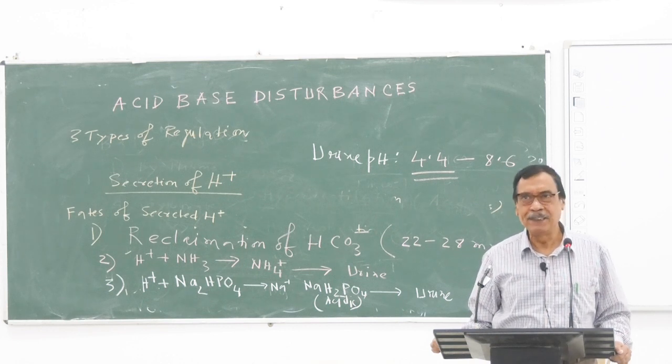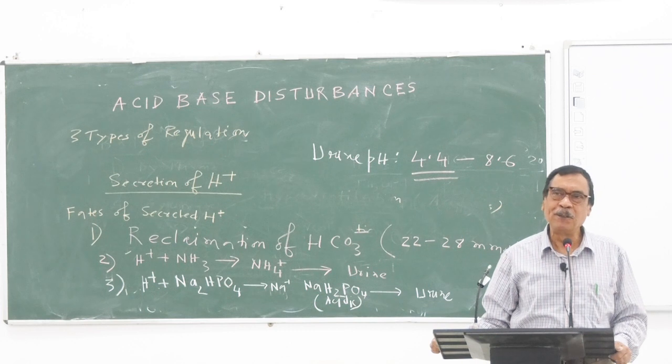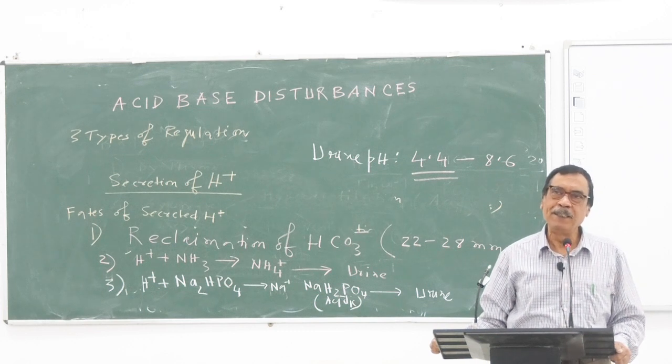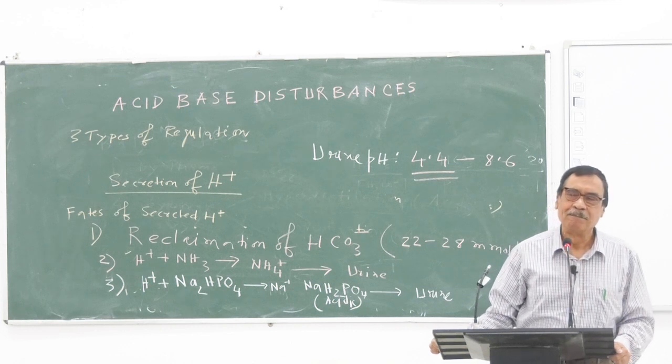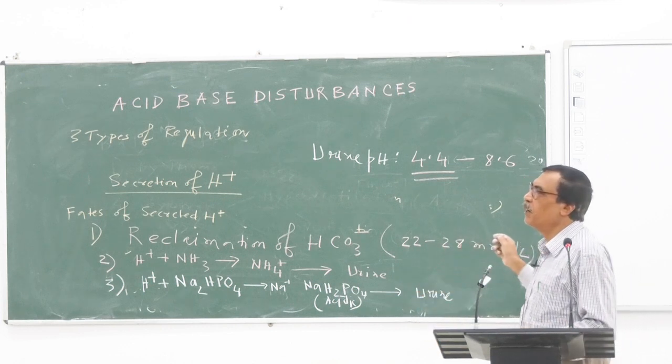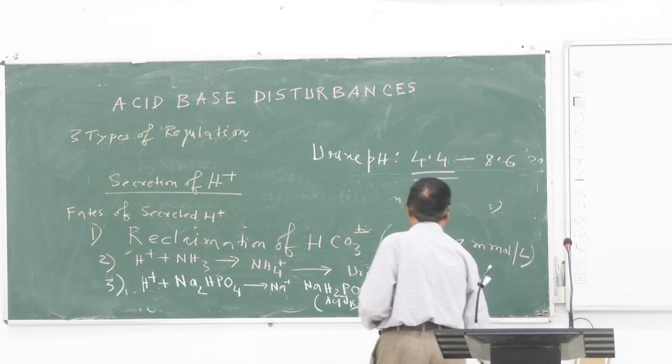It will not be secreted and it will not be excreted. All the hydrogen ion will remain in the blood and acidosis will be severe. Urine pH cannot be lower than 4.4.